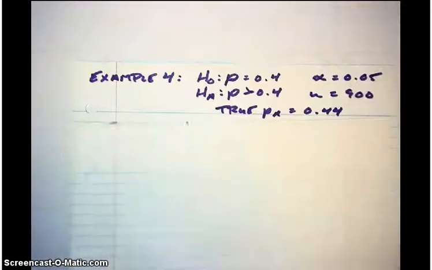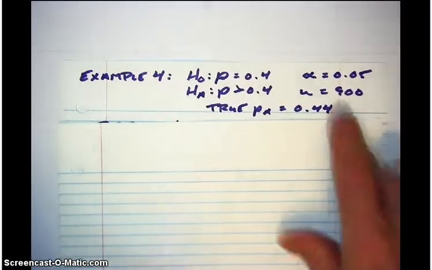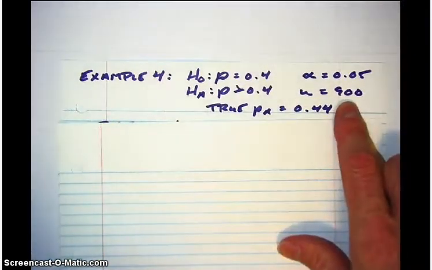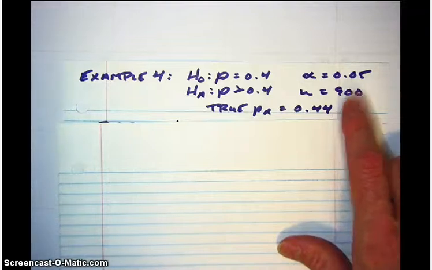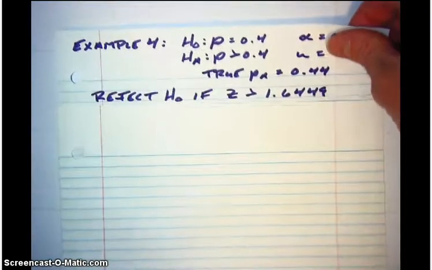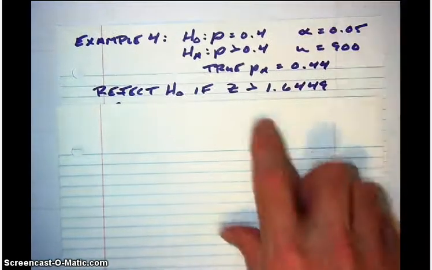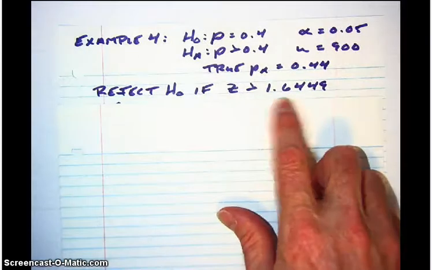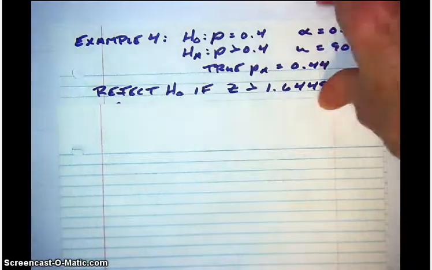Next, we're going to look at a fourth example, and this one is based on the same original information that we had, except now we're changing the sample size from 100 to 900, and then at the end we'll see what happens when we change the sample size like that. Now we're going to reject the null hypothesis if we get a z statistic bigger than 1.6449, same as in the first example and the second example.